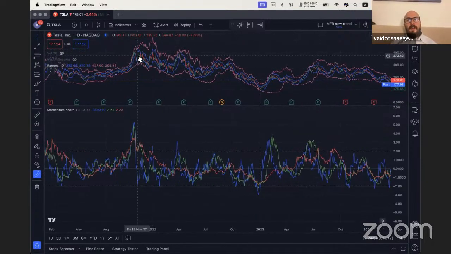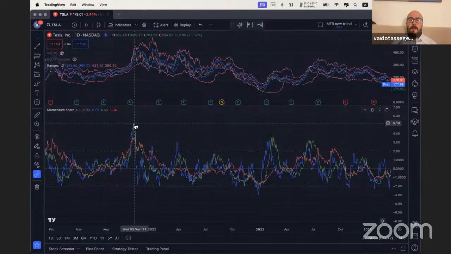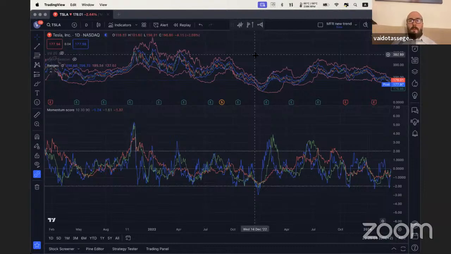And you can see that at some point, positive momentum on Tesla was +5. And you can see similar values for some crypto or other assets as well.